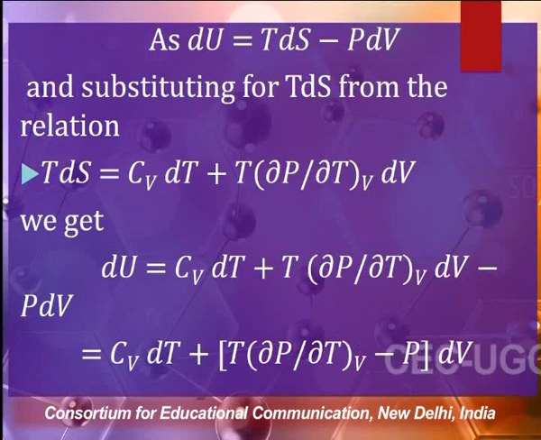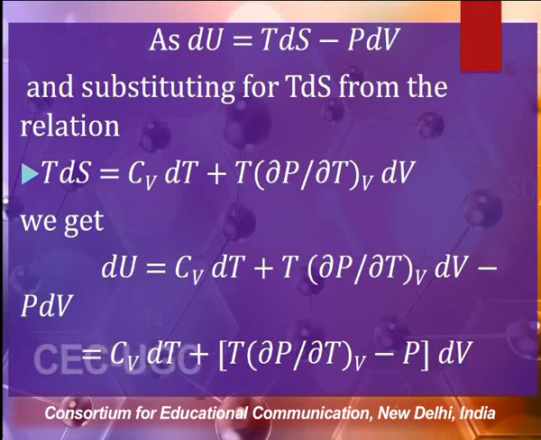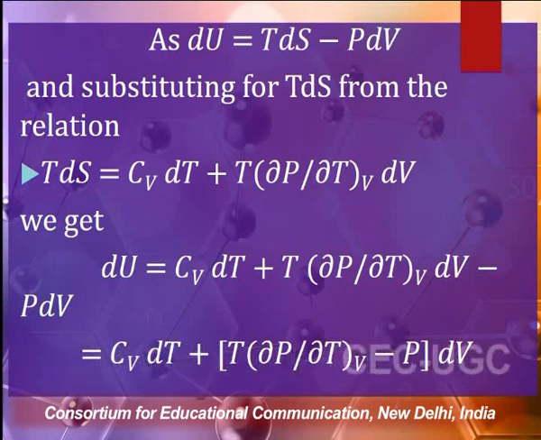We would then get dU is equal to Cv dT plus T delta P by delta T at constant volume dV minus PdV. Rearranging the terms, I would get Cv dT plus T delta P by delta T at constant volume minus P into dV.